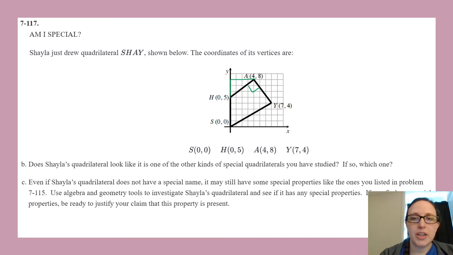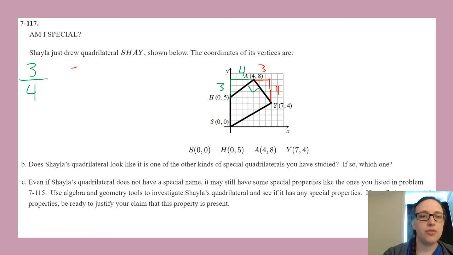So the slope from H to A we found was 3/4. The slope from A to Y is down 4/3. All right, so we can compare those, up 3/4 compared to down 4/3.